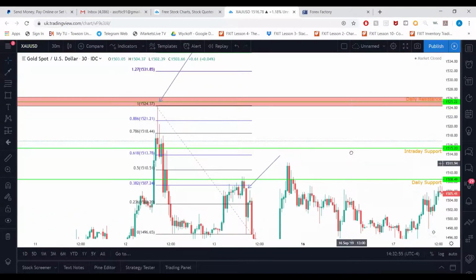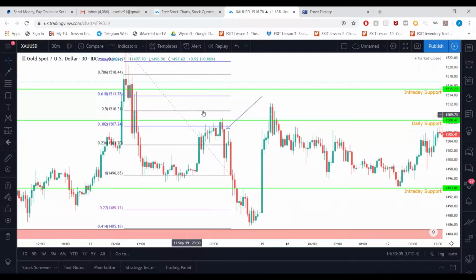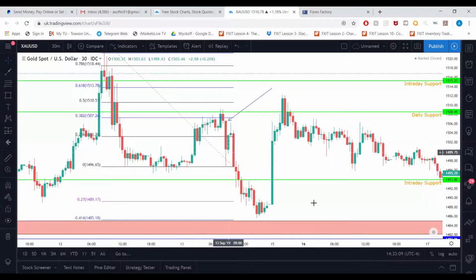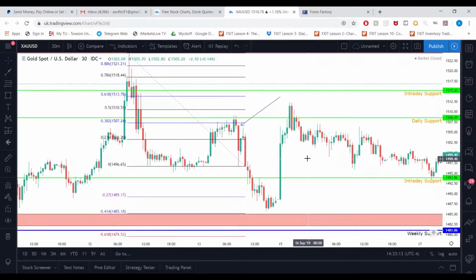But once you see that it only confirmed till 38.2 and 50, even 61.8, that means, okay, this was just a little bit stronger pullback here. Now it's ready to continue falling back down. Does that make sense?